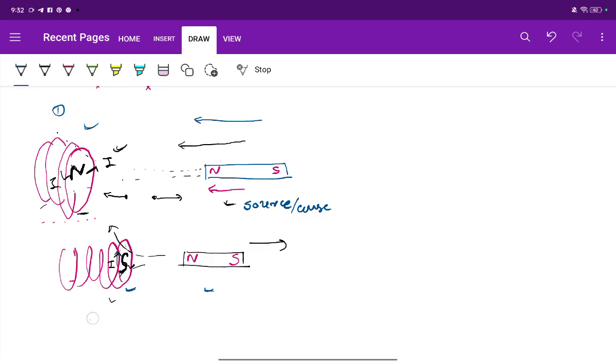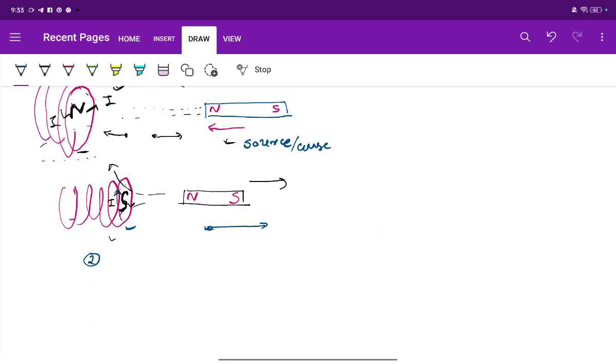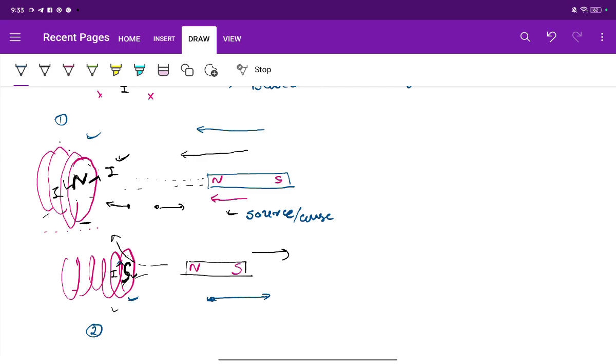And here in the second case the bar magnet is going away from the coil. So now this coil is like, don't go away, okay? Initially, the bar magnet was trying to get closer, so it produced a north pole to oppose its motion. Here, the bar magnet is going away, so it produced a south pole to actually attract that bar magnet.